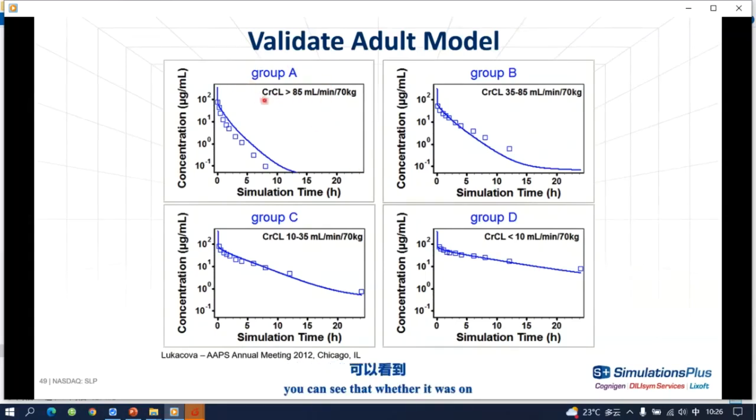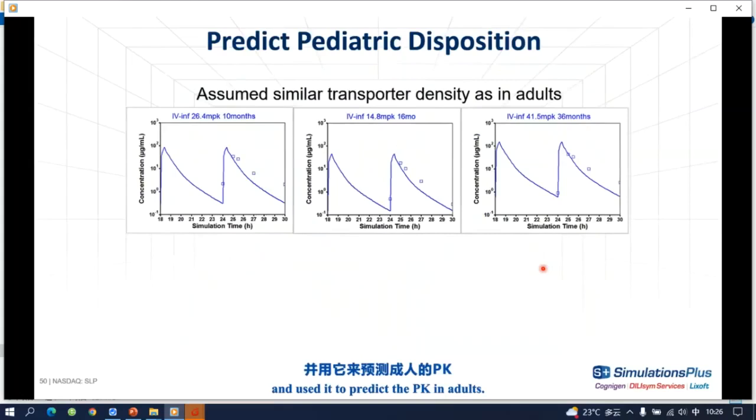And you can see that whether it was subjects with creatinine clearance close to normal, all the way down to subjects with very low creatinine clearance, so this would be in the realm of end-stage renal disease, all of those PK profiles were predicted well. So we had confidence in the adult model and used it to predict the PK in children.